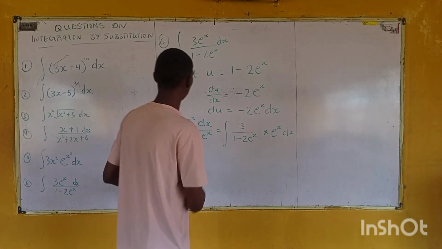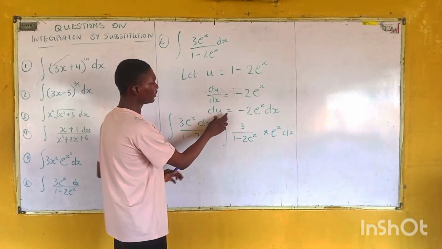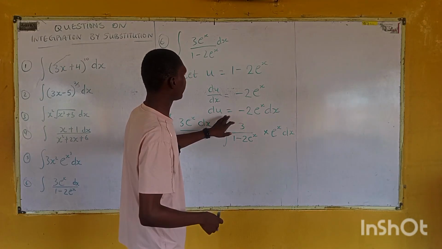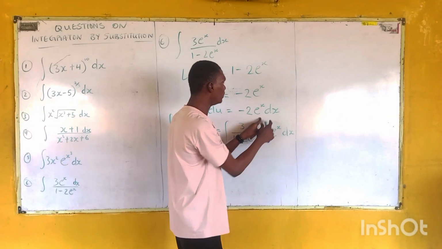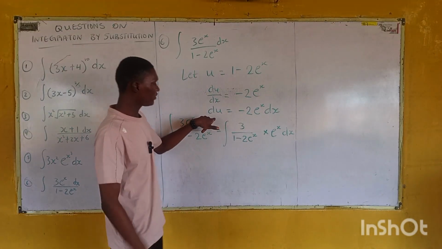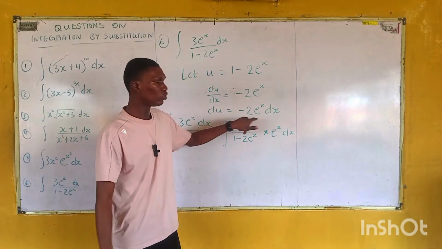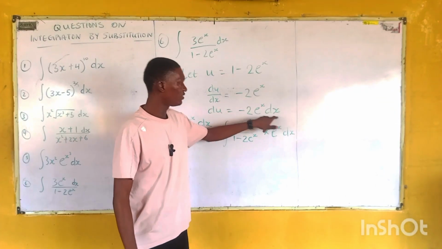From here, we are getting exponential raised to power x dx only. So therefore, we cannot express it as minus 2 exponential raised to power x dx, because we want to express it in the form of only exponential raised to power x dx. So we simply say that du is equal to minus 2 exponential raised to power x dx.